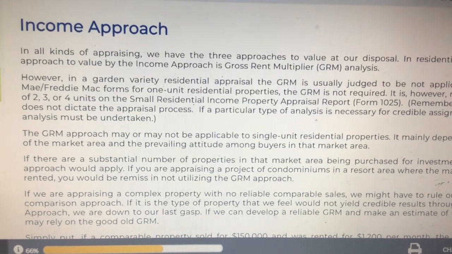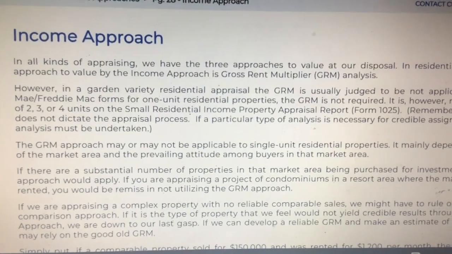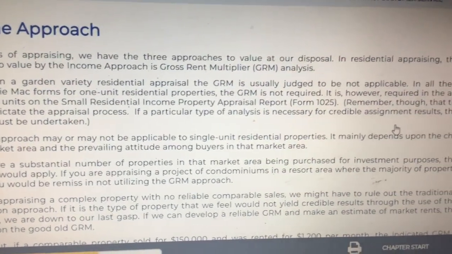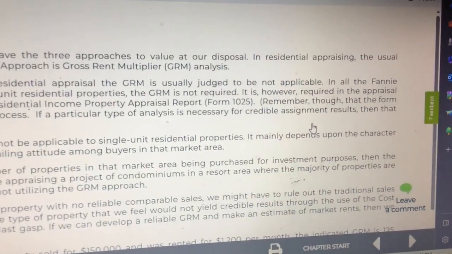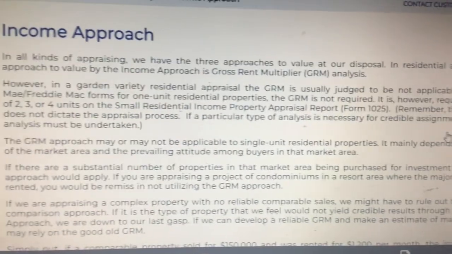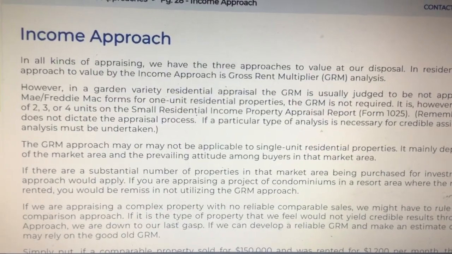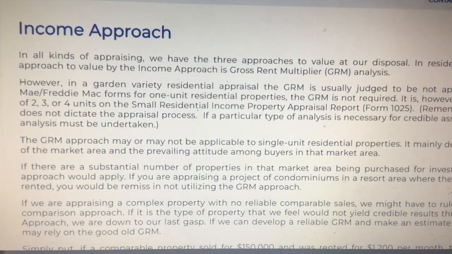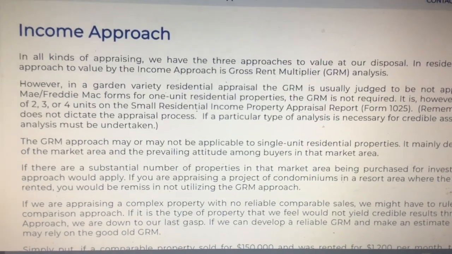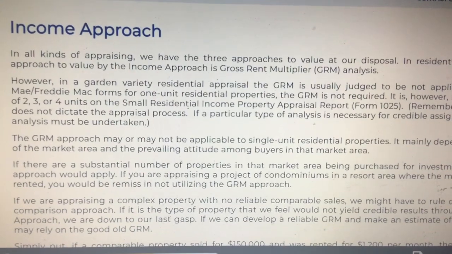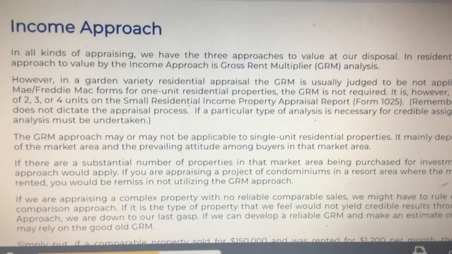In all kinds of appraising, we have the three approaches to value at our disposal. In residential appraising, the usual approach to value by the income approach is gross rent multiplier, GRM analysis.